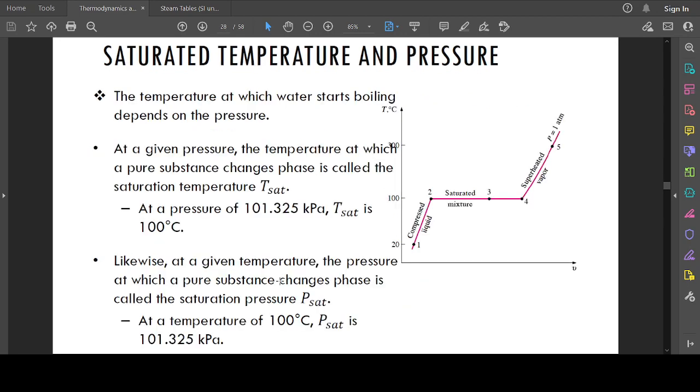So at a given pressure, the temperature at which the pure substance changes phase is called the saturation temperature. In this case, at 1 atm, which is equivalent to 101 kilopascals, the saturation temperature is 100 degrees Celsius.